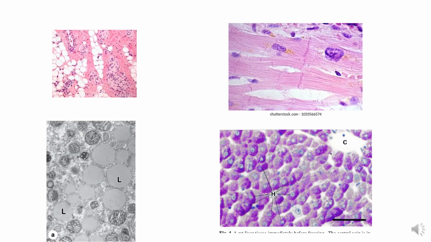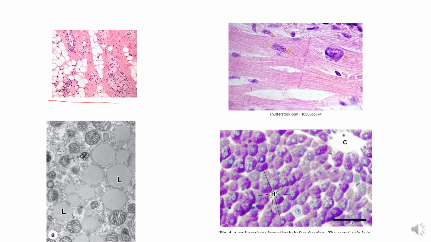This is the picture showing the fat droplets, the accumulation of fat in the cells, and this is the light microscopic appearance. You can see that the cells appear to have empty spaces. In routine tissue sections prepared for light microscopy, the lipid is dissolved out and is represented by empty circular spaces in the cytoplasm of lipid storing cells.